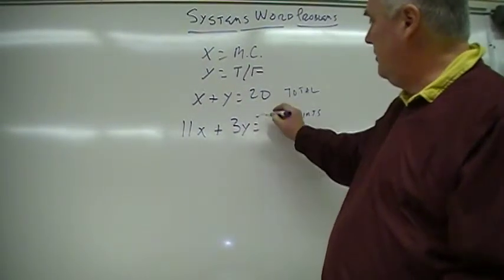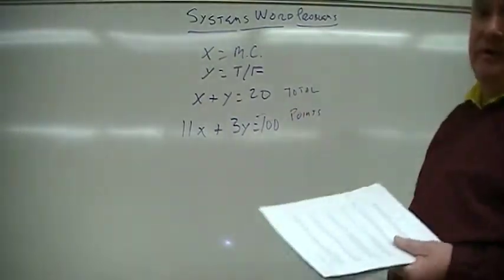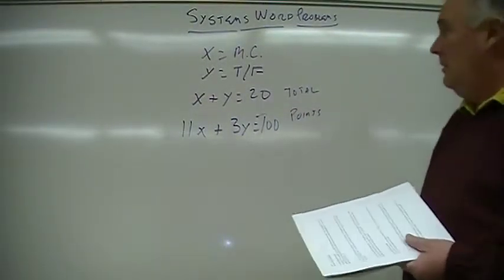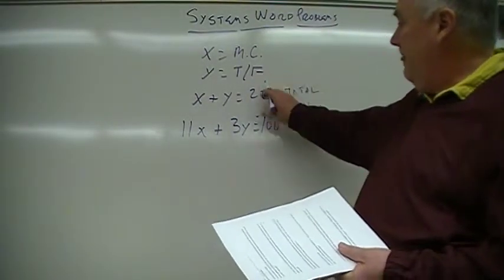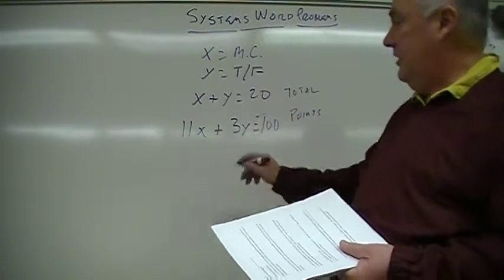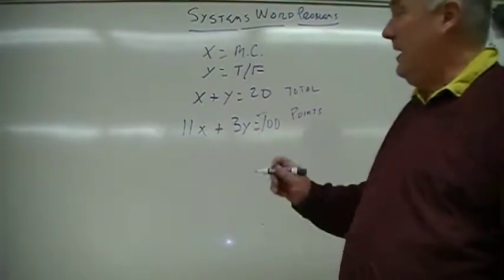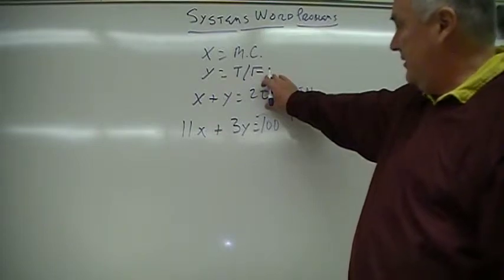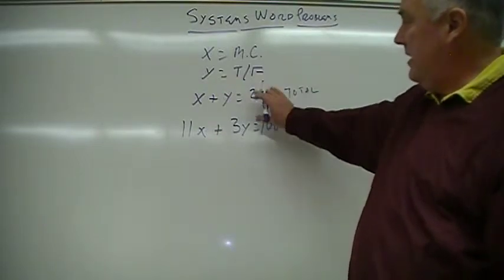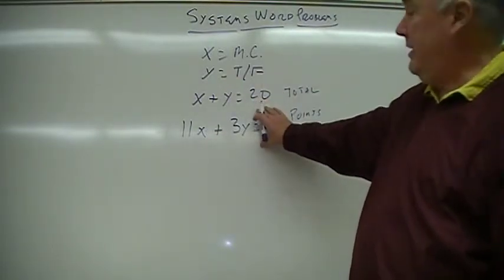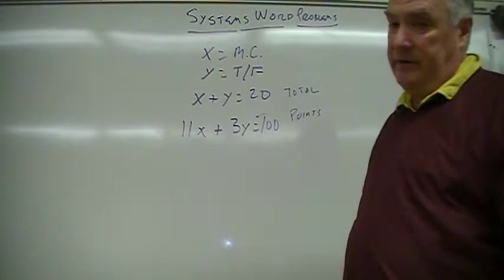And how many points total on the test? 100 points. So we've dealt with the total and the point situation. In the last two, we were dealing with money: the total amount of the speakers, the total amount of the tickets, and then the total cost. Here it becomes points.